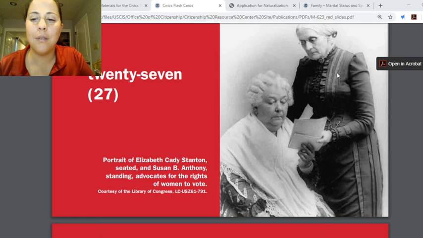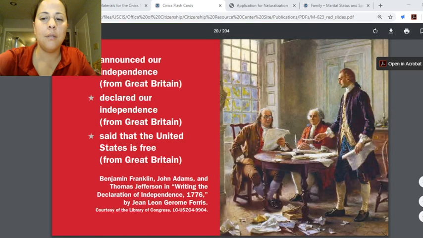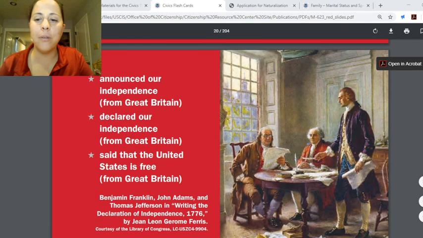Remember from our book, it announced our independence from Great Britain. Declared, said, okay, our independence from Great Britain. Said that the United States is free.